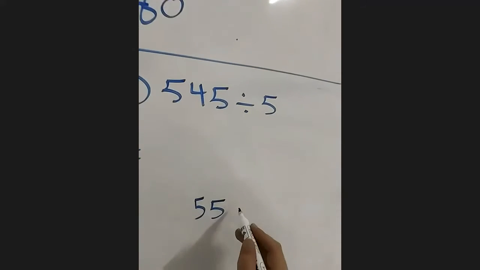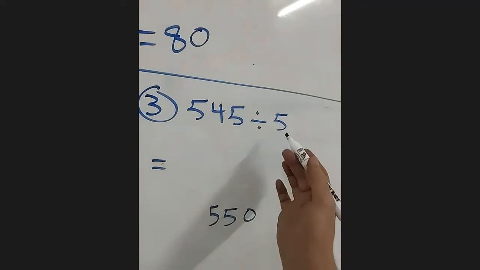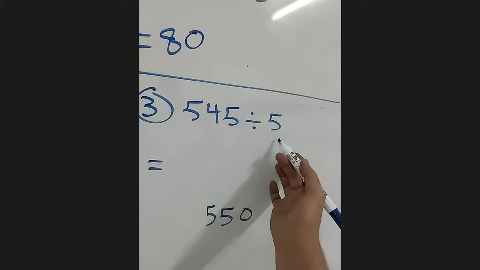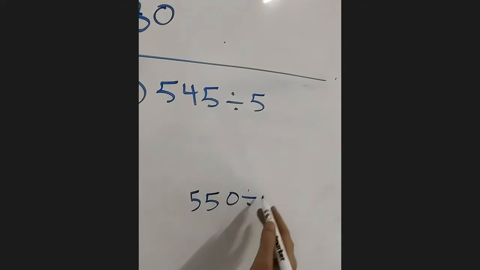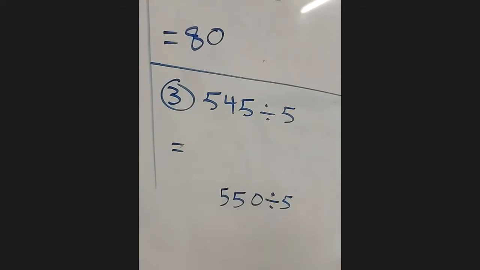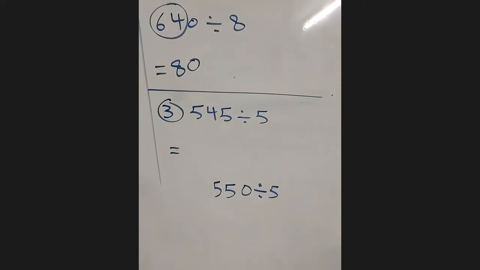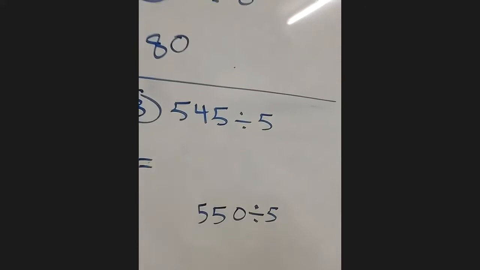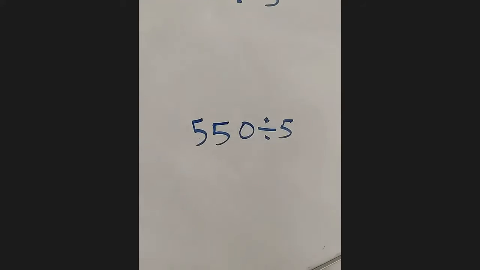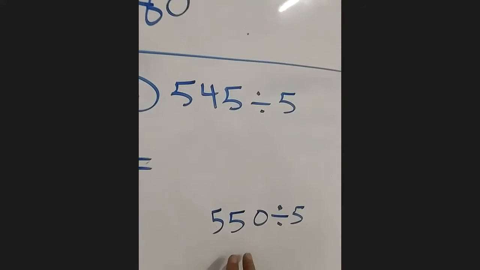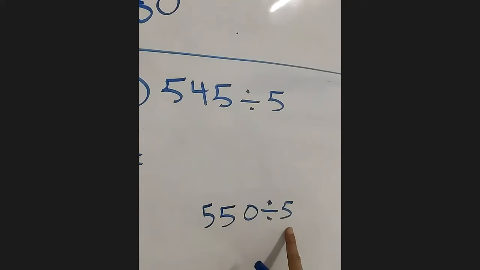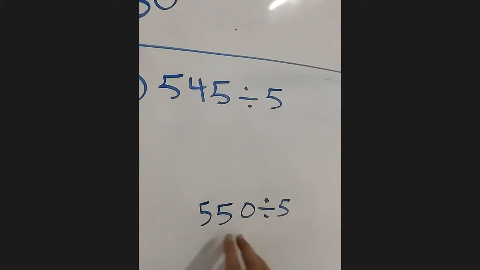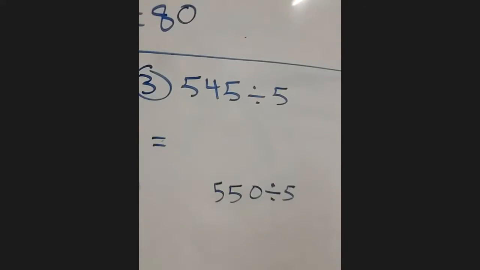This 5 here will be divided by 5. Now, can you help me here? Yalla. Equals 110. So 55 can divide on what? On 5. Which is how much, 55 divided by 5? 11. It is 11.